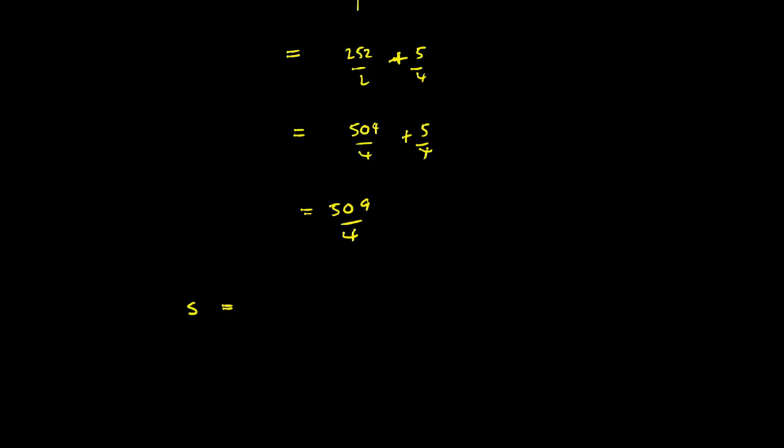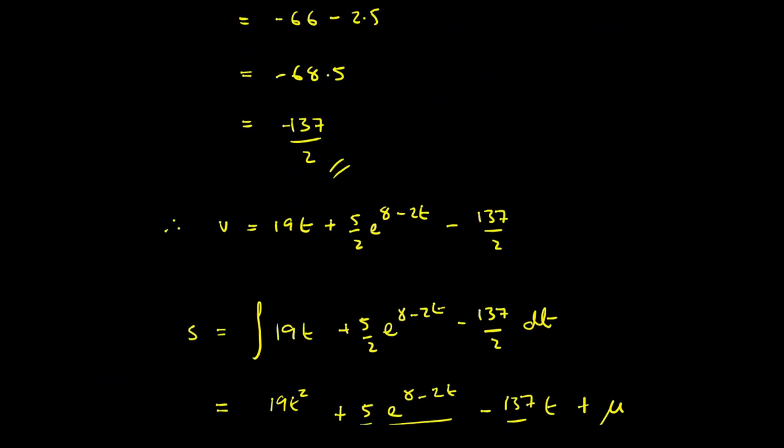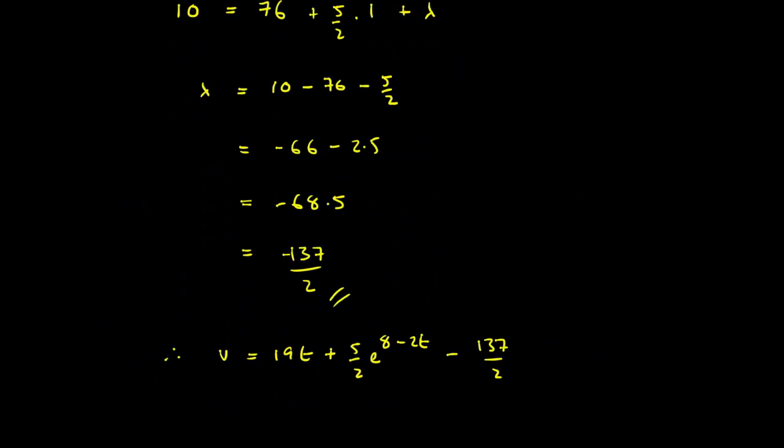What is it equal to again? 19 upon 2 t squared minus 5 upon 4 e to the power 8 minus 2t minus 137 upon 2t plus the 509 upon 4. And we want to find the displacement when t is 10.